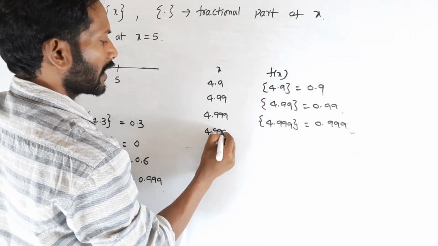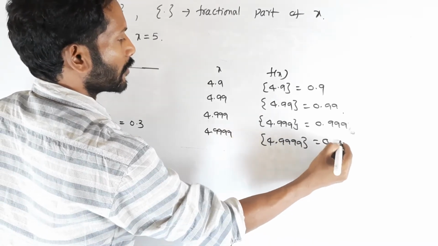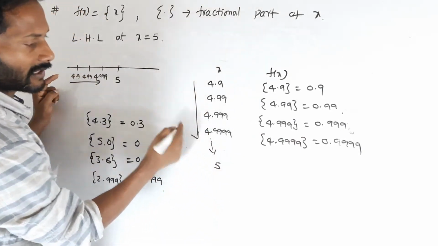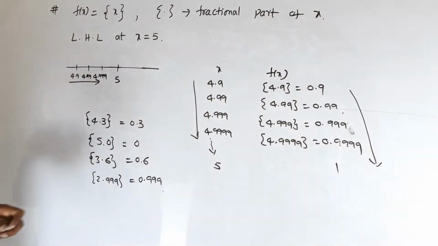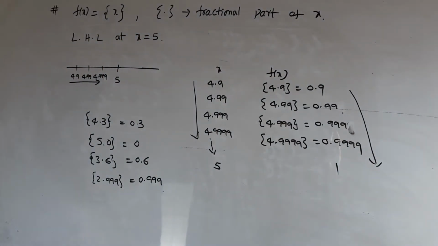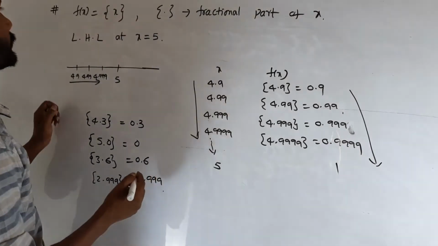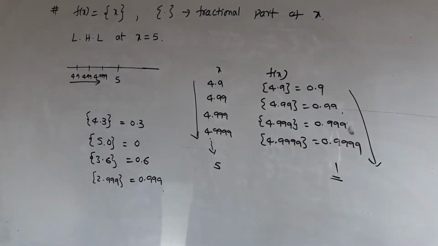This one approaches 5, and the fractional part is nearly 1. It is close to 1. So what is the left hand limit? The answer is 1. I hope this is clear.